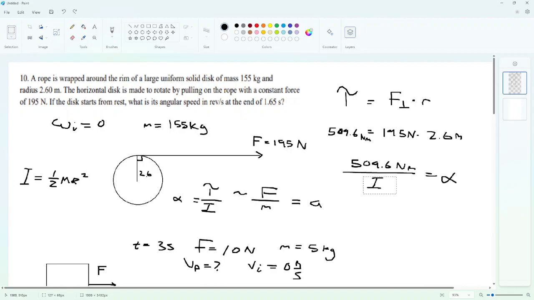So if we substitute that in, what we get is 1/2 mass of the object, 155 kilograms, radius, which is 2.6 squared. And we can acquire angular acceleration, which is equal to 0.9727 radians per second squared.